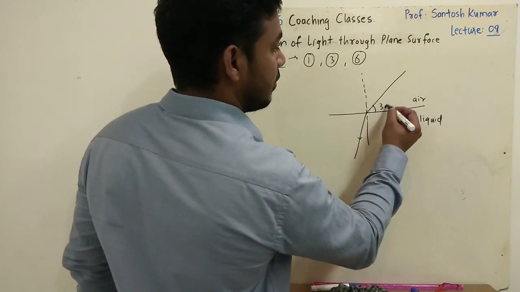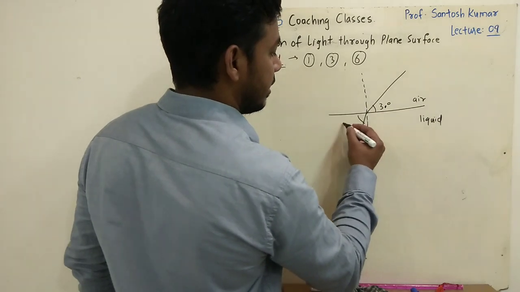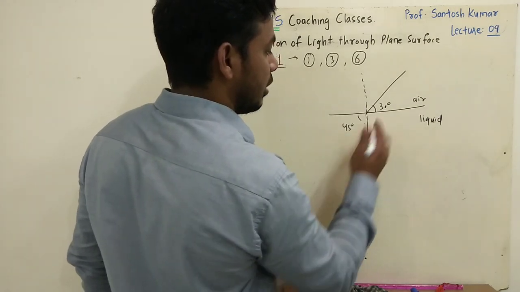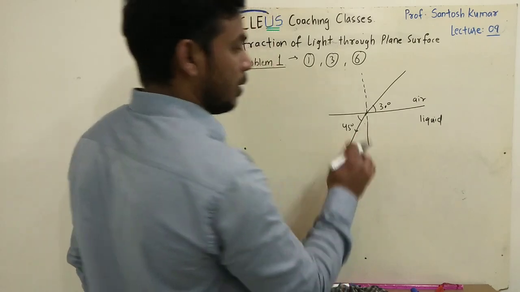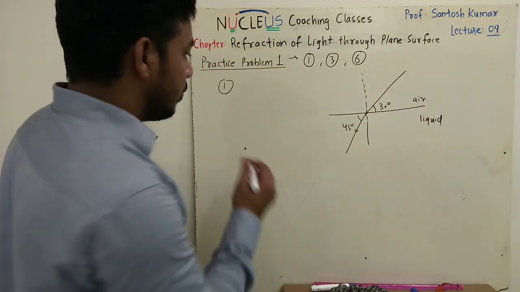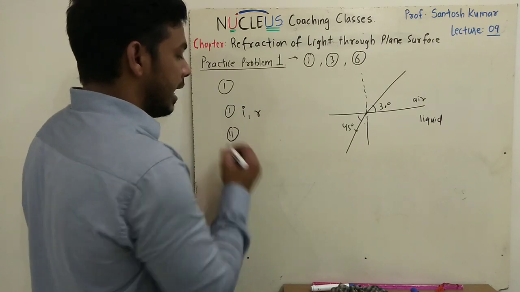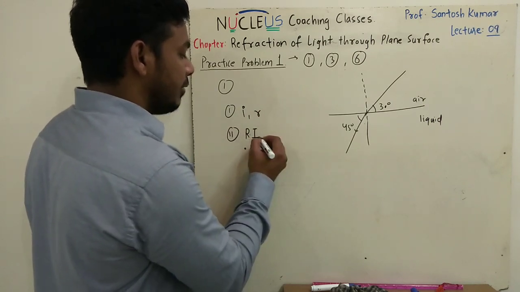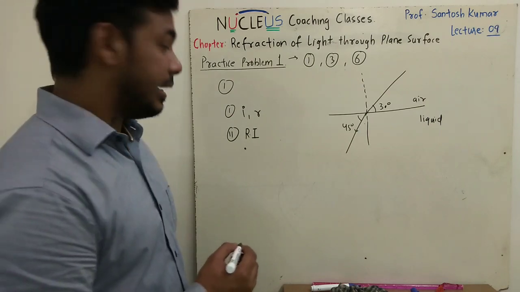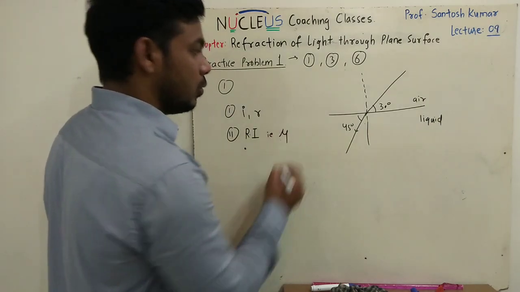This angle has been given 30 degree and this angle has been given 45 degree. From this figure we are supposed to find angle of incidence, angle of refraction, and in the second case the refractive index, that is mu.